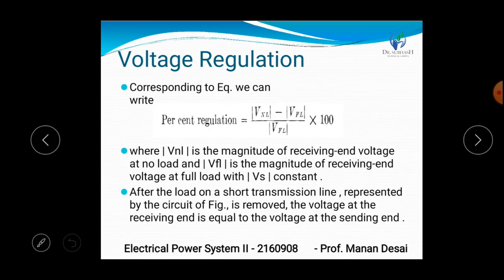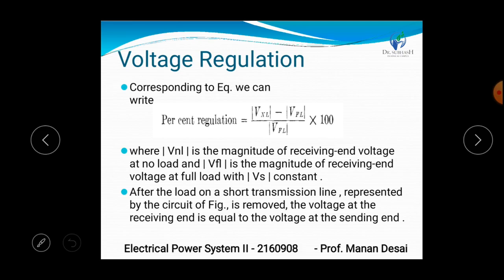Okay, now we come to regulation. Do you know the meaning of regulation? See, regulation is the voltage variation from no load to full load.